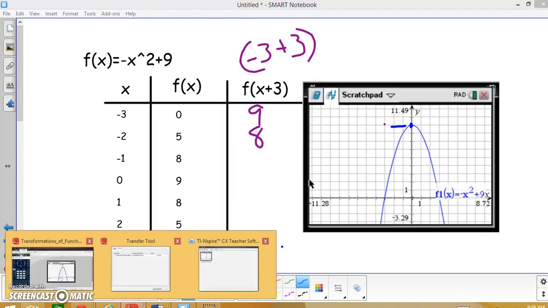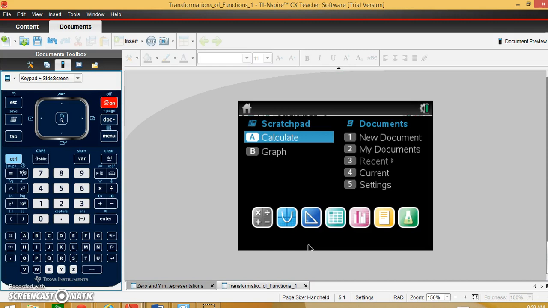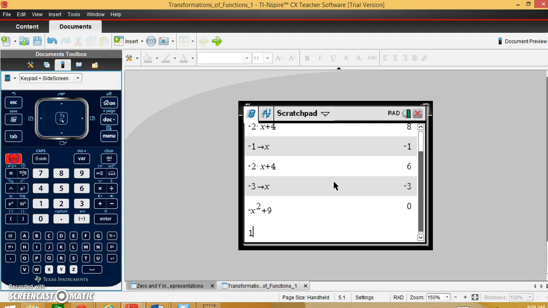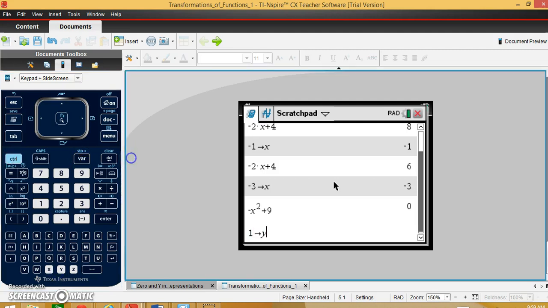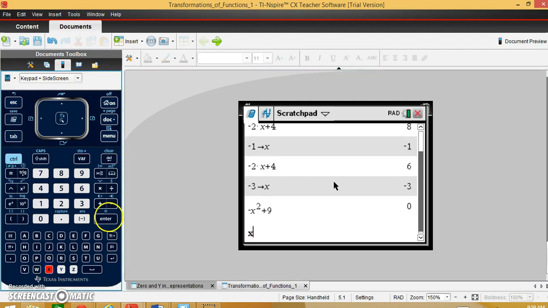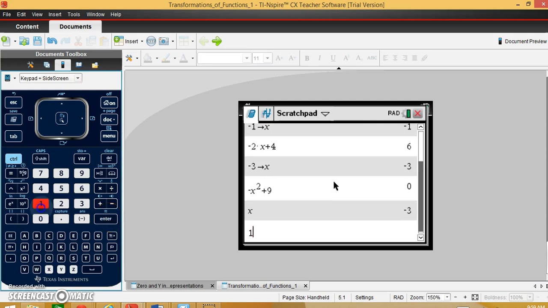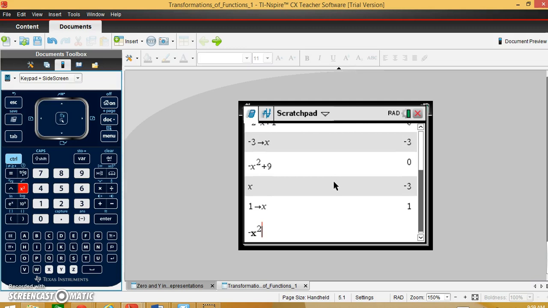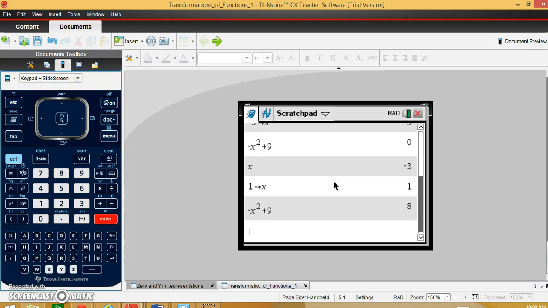To demonstrate that, let me go to my calculator here. Now that I have an input of 1, -x squared plus 9, I get an output of 8.